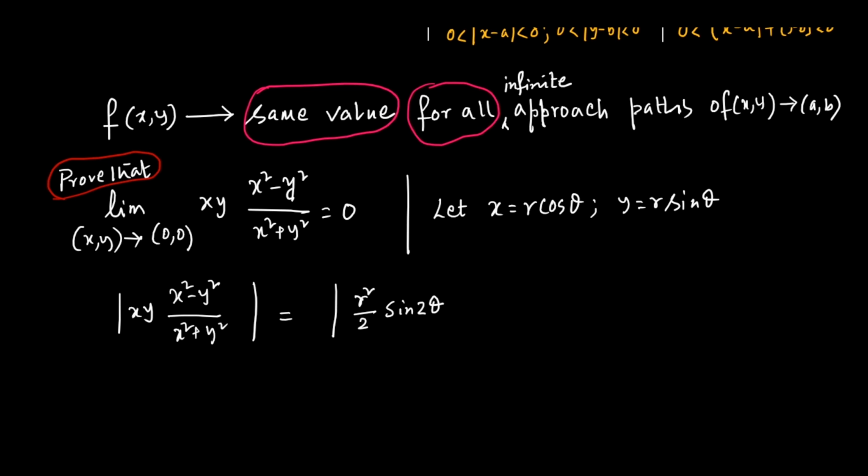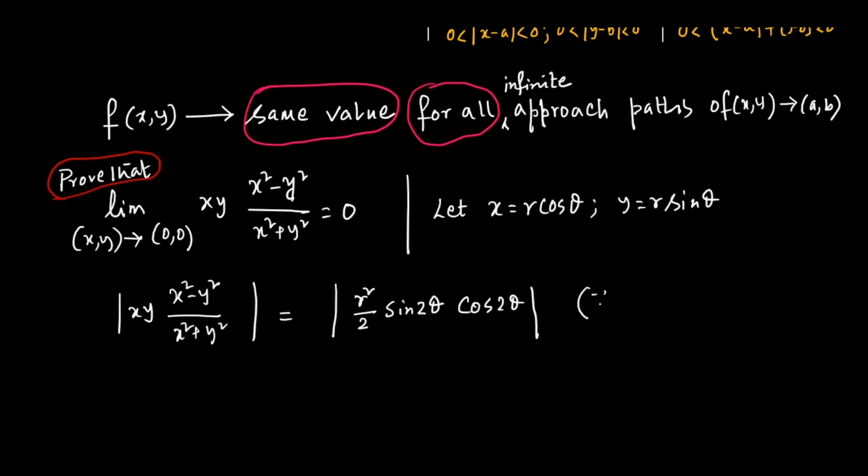Here x square minus y square is r square into cos square theta minus sine square theta, that means cos 2 theta, and r square will get cancelled. So it is r square by 2 cos 2 theta. You simply substitute, you will get to know.